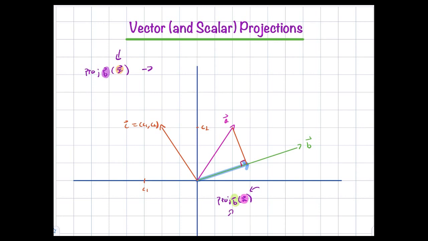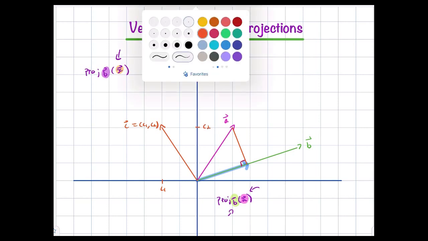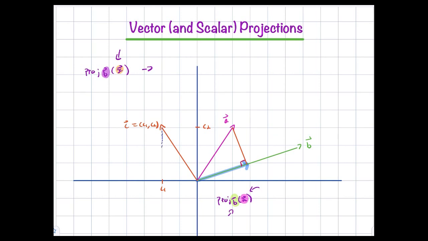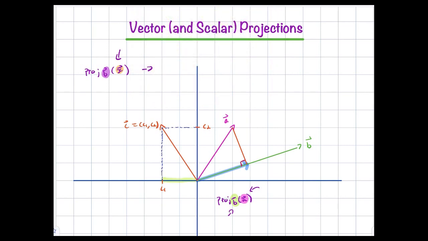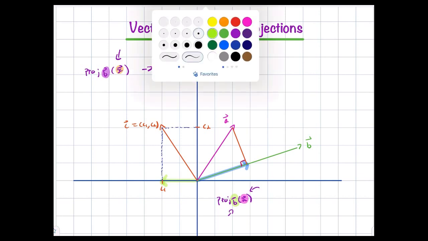This is C1, its x component, and C2, its y component. You might have heard this term, the x component or the y component, and the x component is telling me how far this vector goes, how much in the x direction this goes.